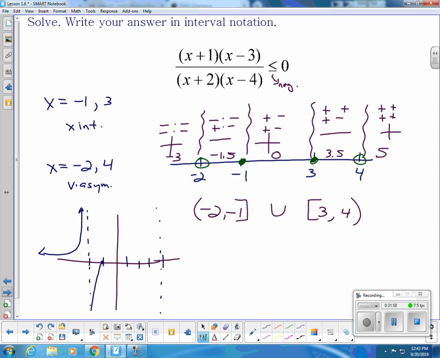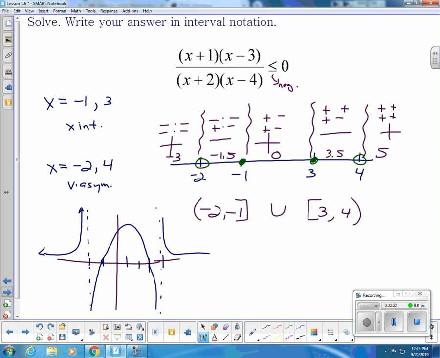So it's negative here, then it goes above. It's going to come down. Hit here. And continue along that asymptote, and then it comes about above the asymptote. So it's something like that. See what I'm saying? You can kind of picture things with the graph if you know the sign chart.